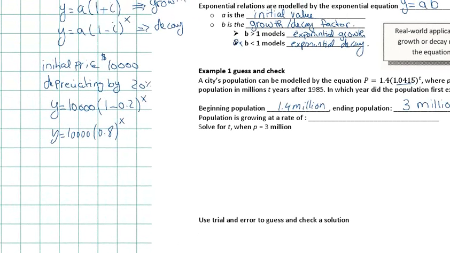So the 1.0415, that is equivalent to 1 plus i. Do you guys agree with that? Yeah? Okay. So 1.0415 is equal to 1 plus i because I have an increase in the population. So what would i be? 0.0415.